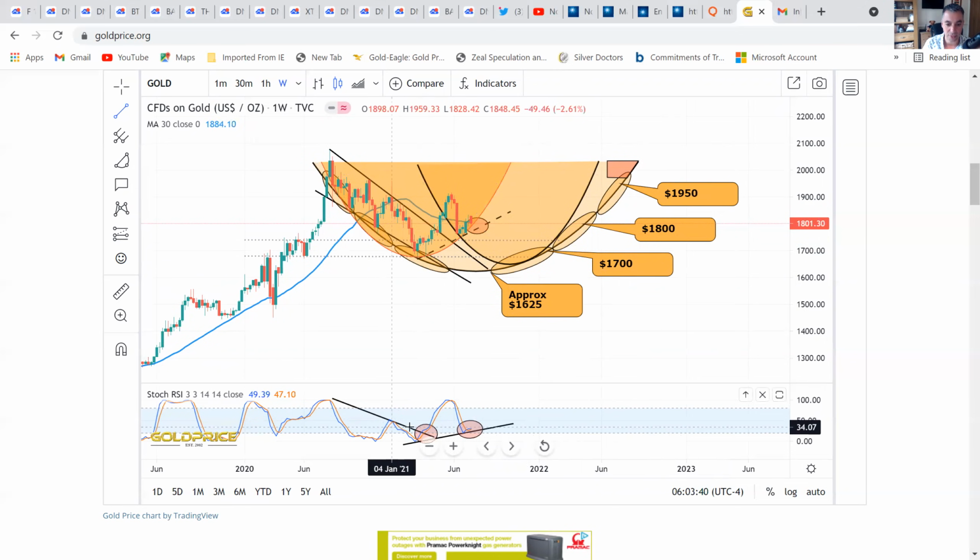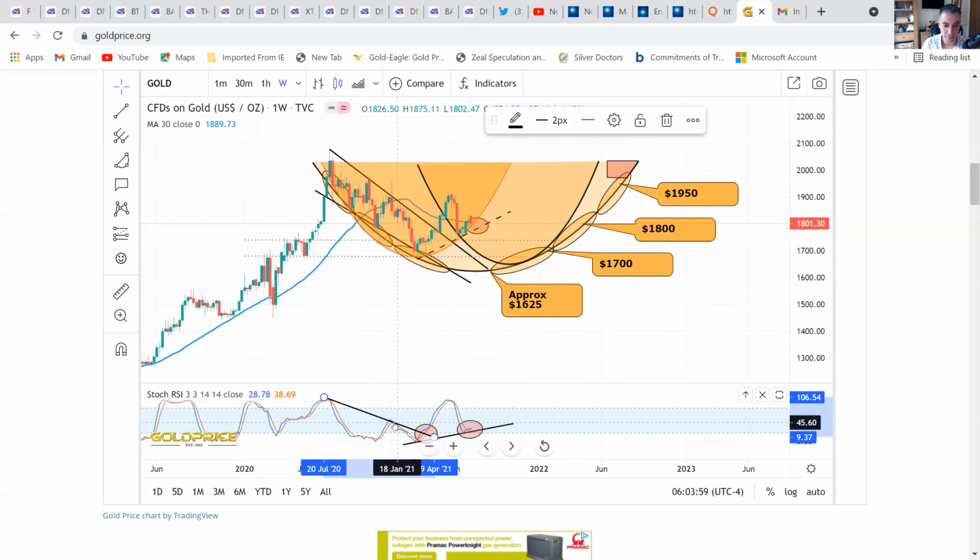Also at the bottom here, I've got the stochastic RSI, which was a leading indicator back in March of this year, because we broke out of a downtrend. With this, it's not quite so easy because you only ever get a couple of points. You get the high point up here, then you get a lower high.